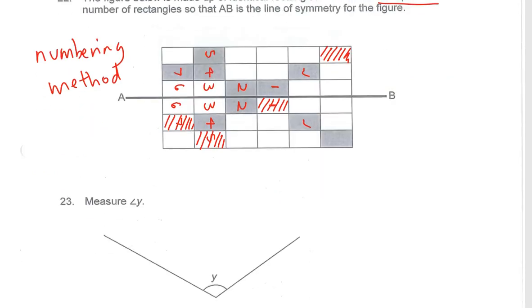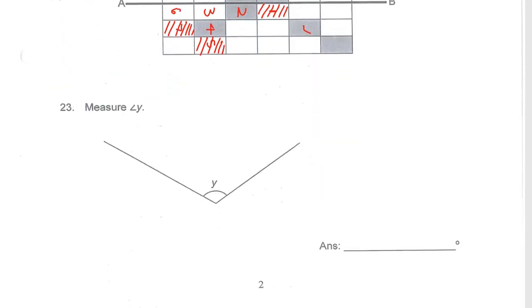Okay, question 23, I will not measure over here. If you have a protractor, you will be able to do a good job if your motor skills are good. So for this question 23, I accept 112, 113, 114. The perfect one being 113. Alright. Now, in the exams, please practice common sense.